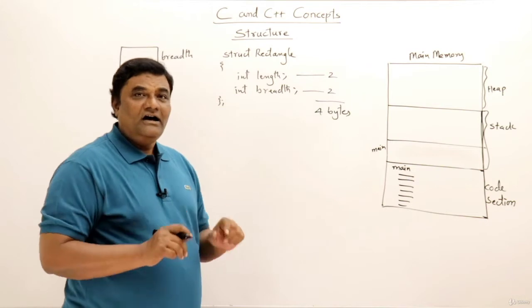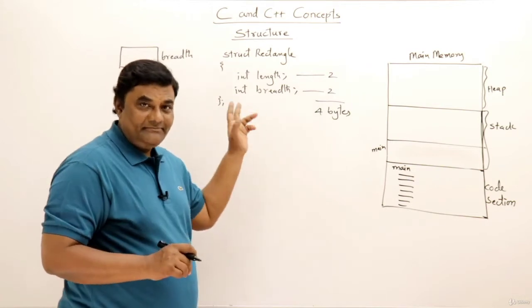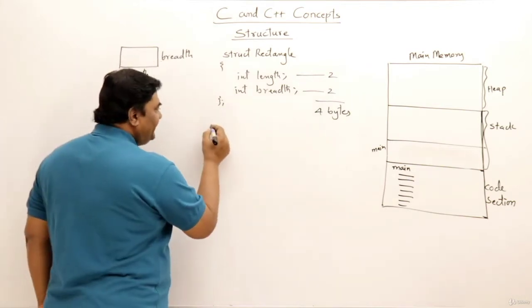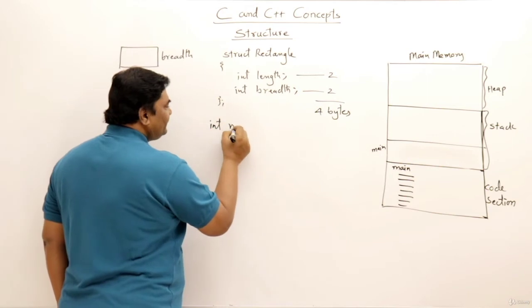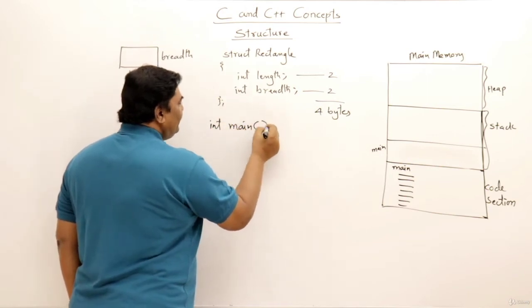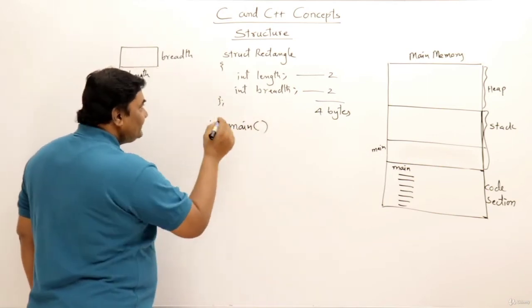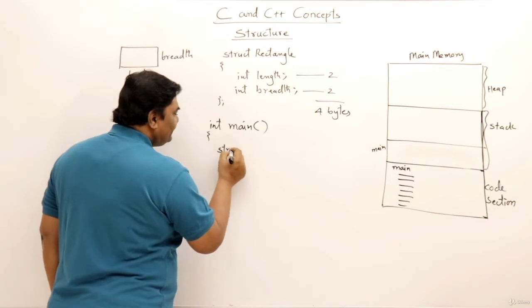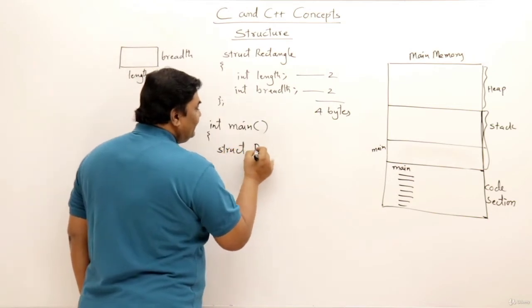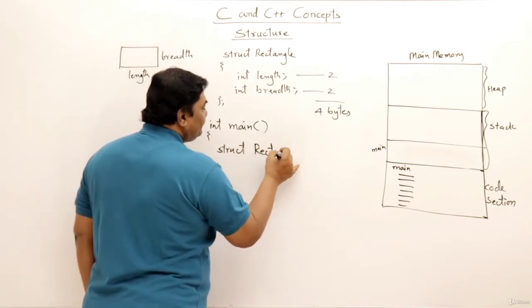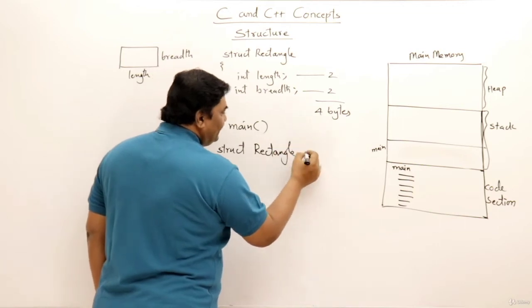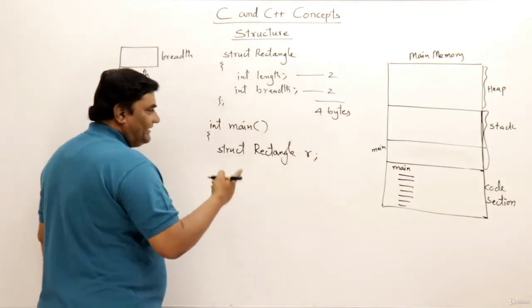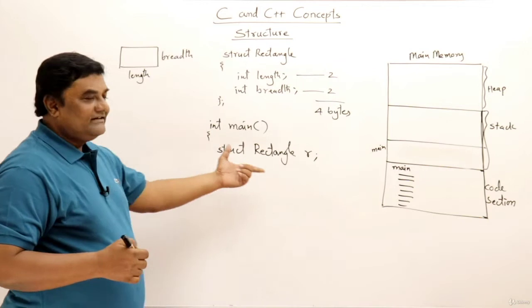Next, let us learn how to declare a variable of that structure type. Inside the main function, if I declare a variable, the method of declaration is to write struct as a keyword, then the name rectangle, then I'll give the name R: struct rectangle R. This is a declaration.